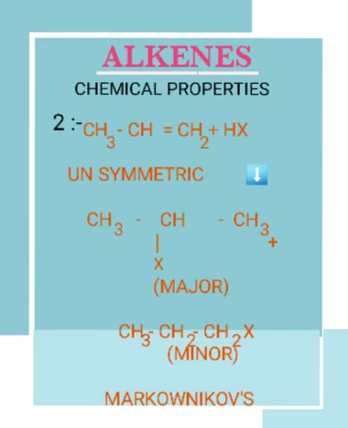According to Markovnikov's rule, the major product is that alkyl halide where the negative part of the reagent, over here HX, the negative part is X, gets attached to that carbon which has less number of hydrogen atoms. Thus we have two products, the major product and the minor product. The major product over here is 2-halopropane and the minor product is 1-halopropane.